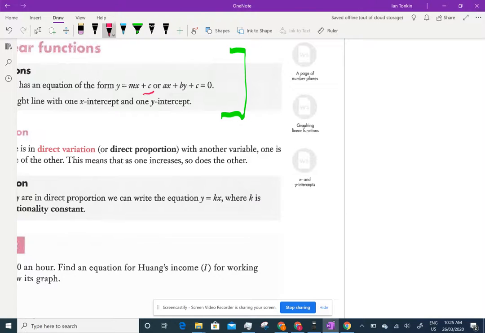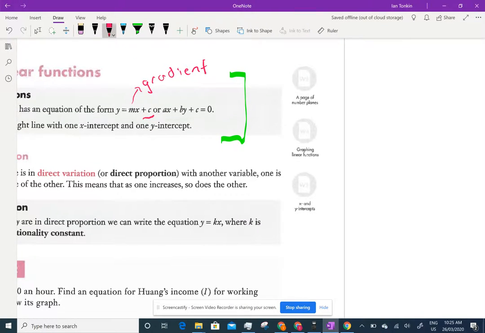But that's the gradient intercept form, where that is the gradient and that is the y-intercept. And that's the most useful form.